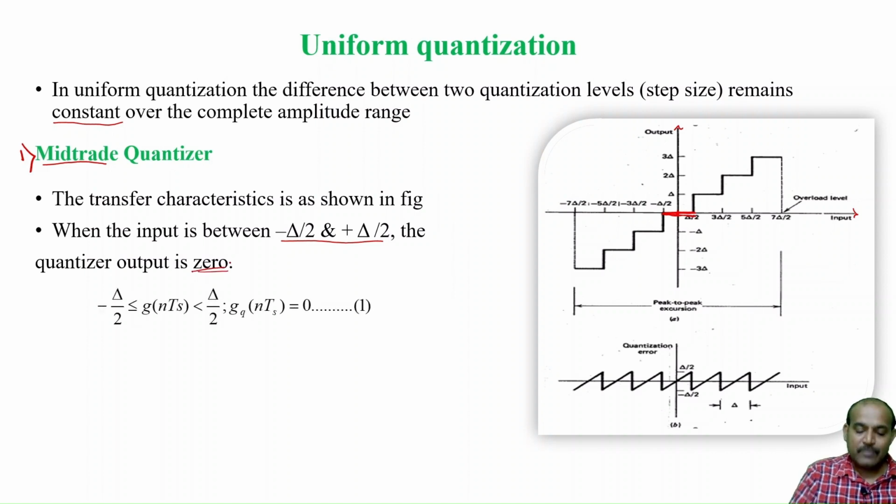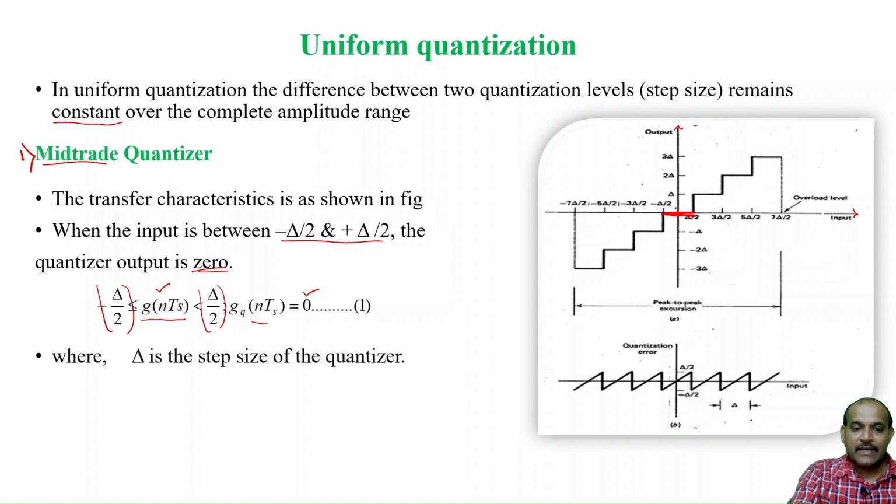Mathematically, g(nTs) means the sample values of the input signal. If the input lies between minus delta by 2 and plus delta by 2, then the output is 0 for this entire range.